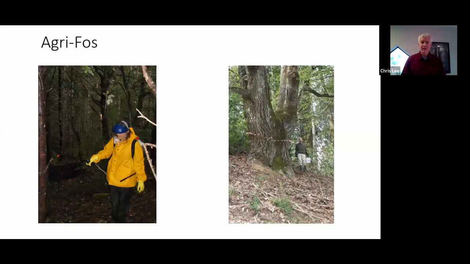And these are things that landowners can do, but it's typically easier, more cost-effective, and just more effective in general, to hire someone who's licensed or certified, such as an arborist, to deliver these kinds of treatments.